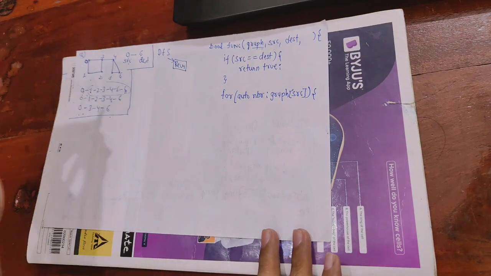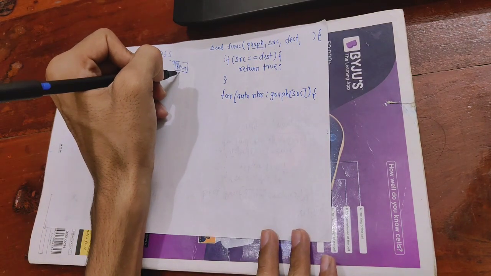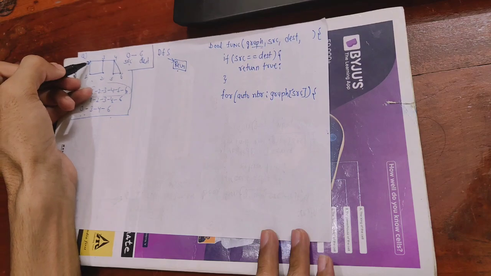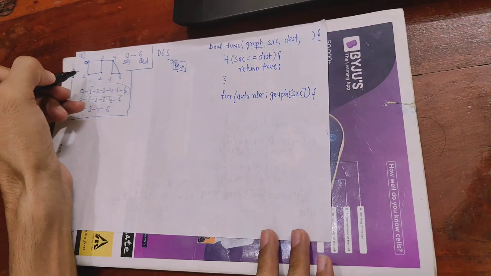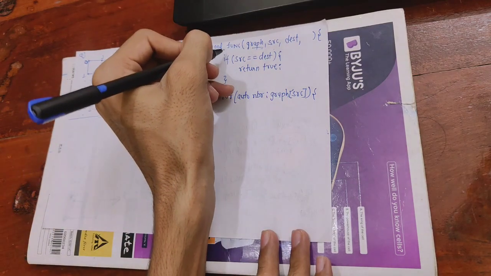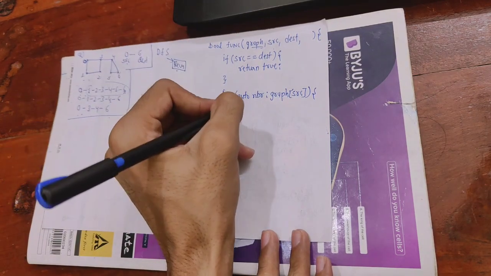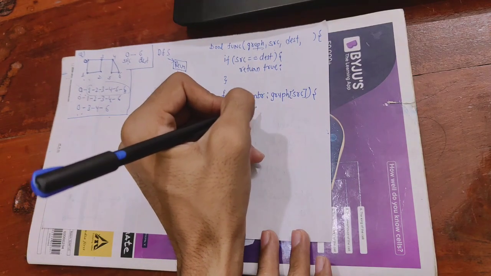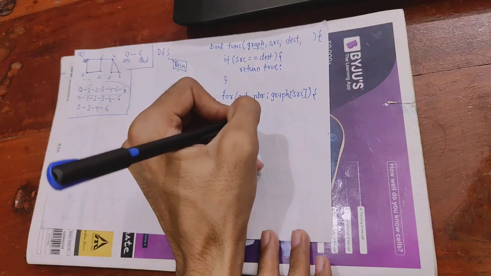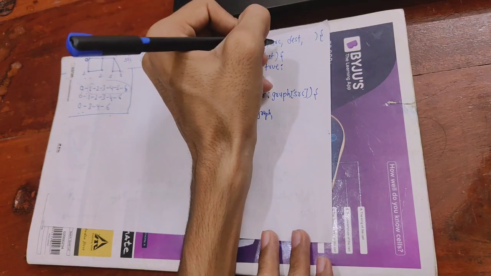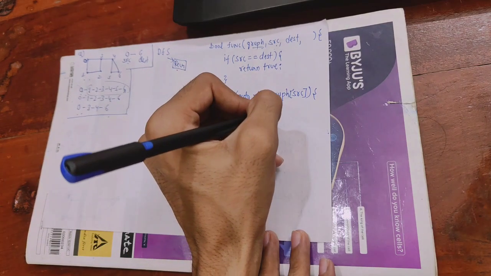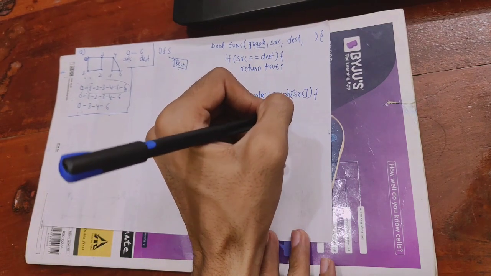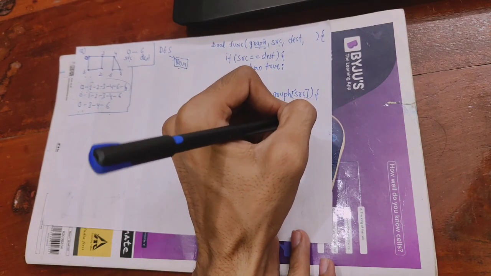Now, we have to do the recursive call. When we move forward from 0 to its neighbor 1, we make it the source node. So we do a recursive call with the same function, but what changes? The graph will be the same. Initially the source node is 0, now the source node becomes the neighbor, and the rest of the things are the same.